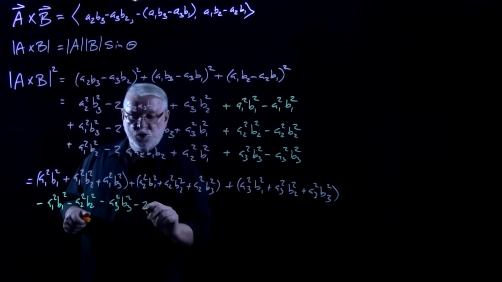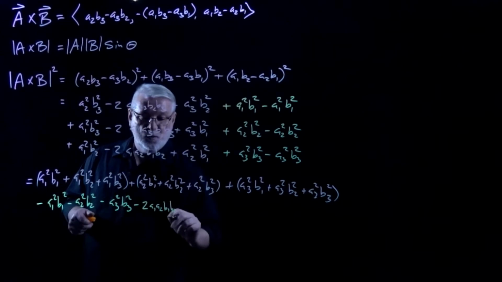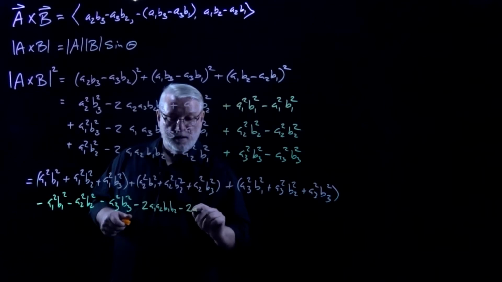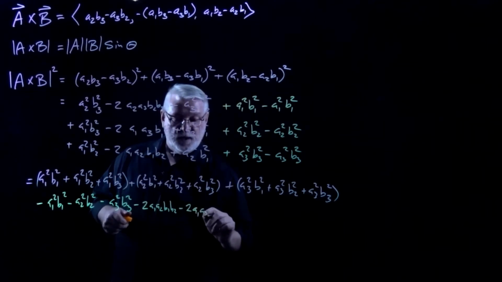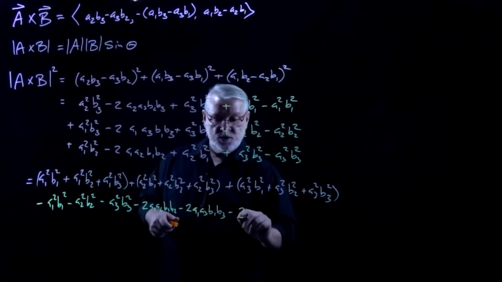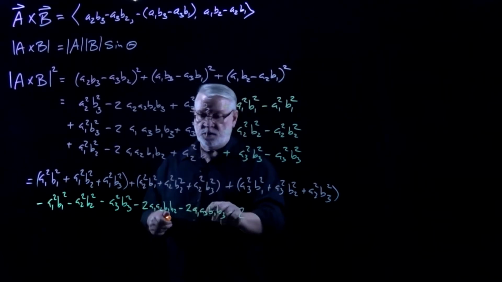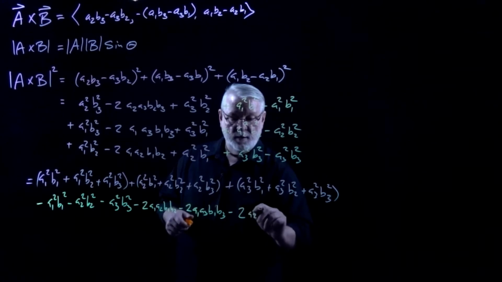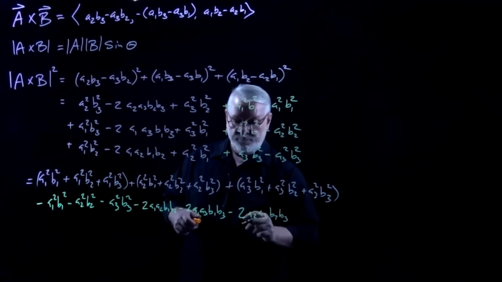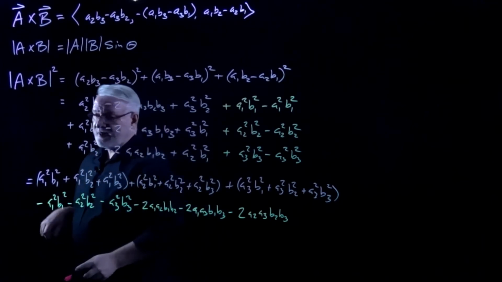Minus 2 A1 A2 B1 B2, minus 2 A1 A3 B1 B3, and minus 2 times what's left over, the A2, A3, B2, and B3. And that's it. We've taken all of these terms and we've configured them so that we can factor it.